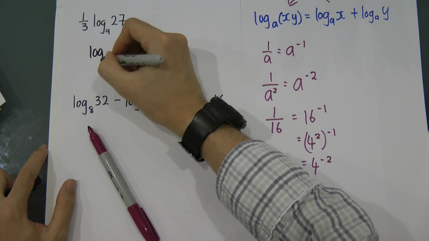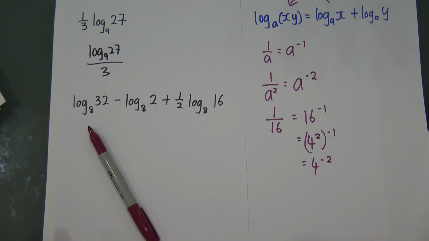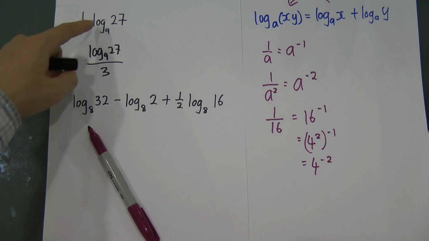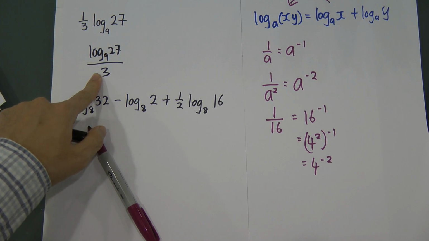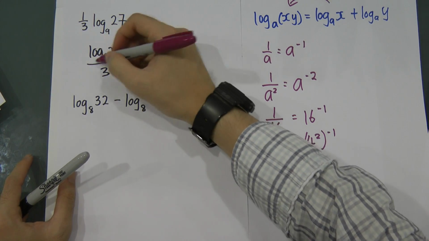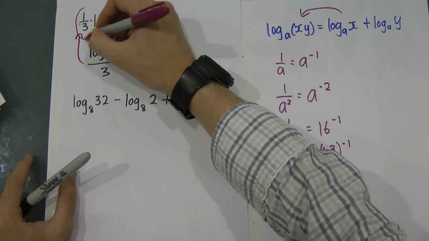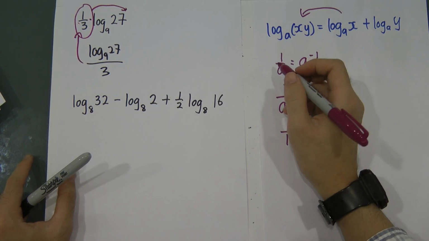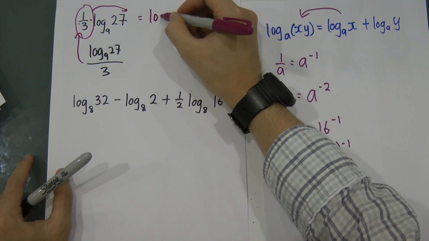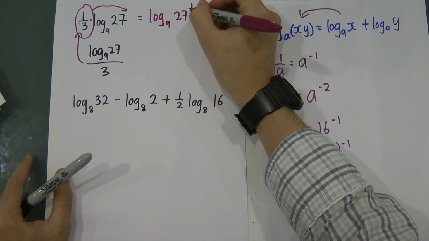Because some students when they see log 9 27 over 3, they do not know actually this one is the same with this one, because if 1 over 3 multiple in this one, you will get back exactly this one. Correct or not? So you have to understand, you can take out 1 over 3, become like this. Then you know this is multiple, move up 1 over 3 here, you will know this one will become power. Alright, so this one you got log 9 27 power of 1 over 3.